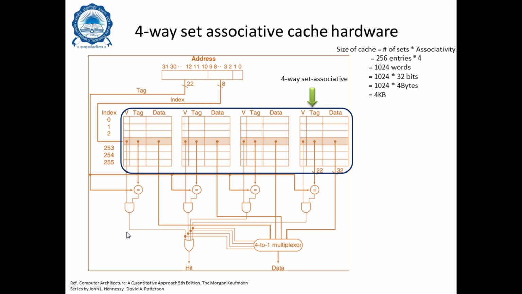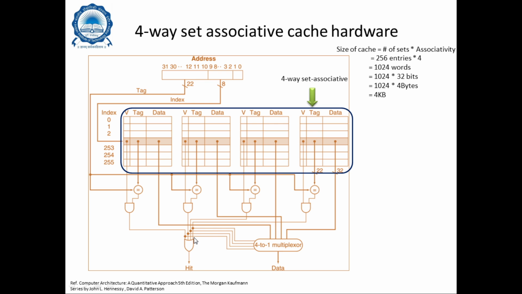If it is true, then all the outputs are fed onto an OR gate. It's a 4-input OR gate, which means that if any one of them is true, then it's a hit.